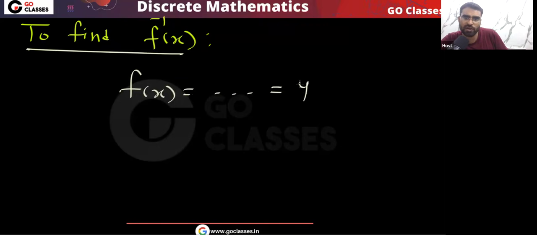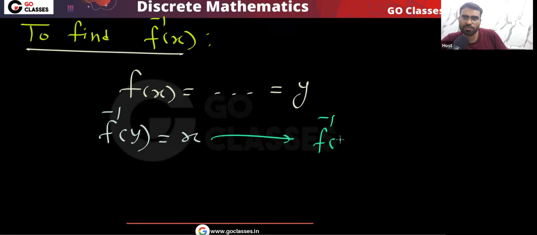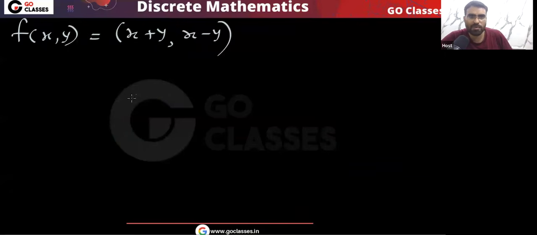Just assume this is y, and from here, x will be f inverse of y. From here, you find f inverse of y, and then just replace this y with x. So this was the idea, if you remember. The same idea we will apply here.